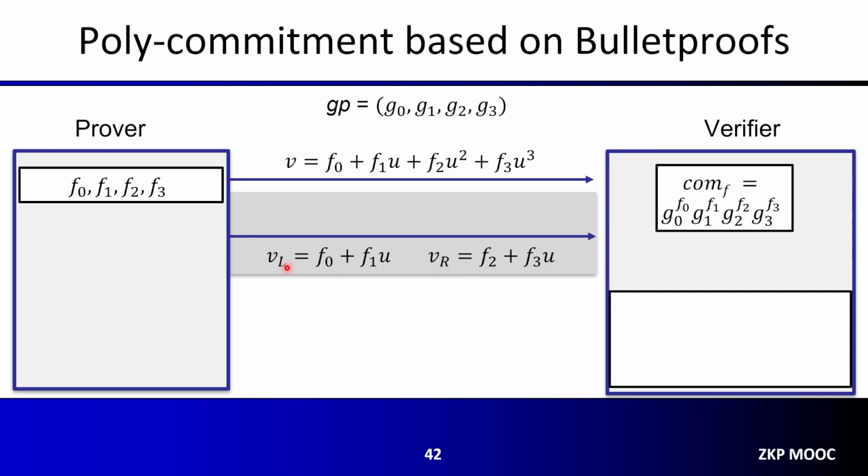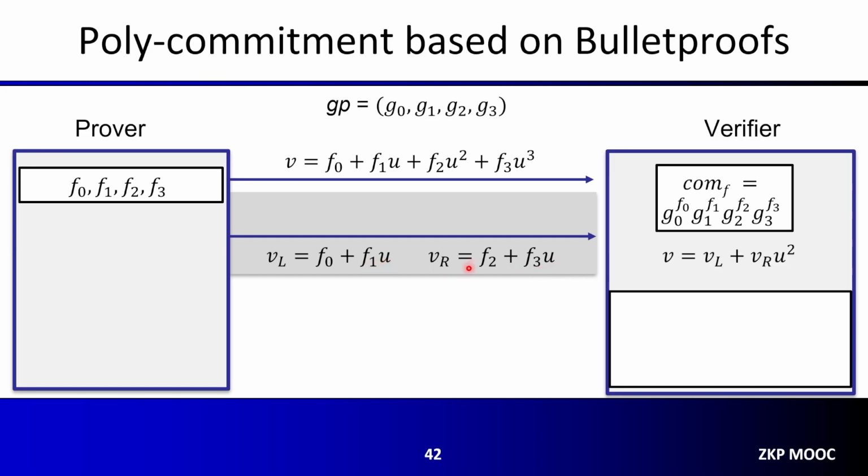And here you can see that I'm defining vL as f0 plus f1u, which is from the first half of the coefficients of the original polynomial f(x). And similarly, we have vR equals f2 plus f3u, which is from the second half of the polynomial. Note that I'm restricting the degree of both polynomials to only one, half of the original polynomial.